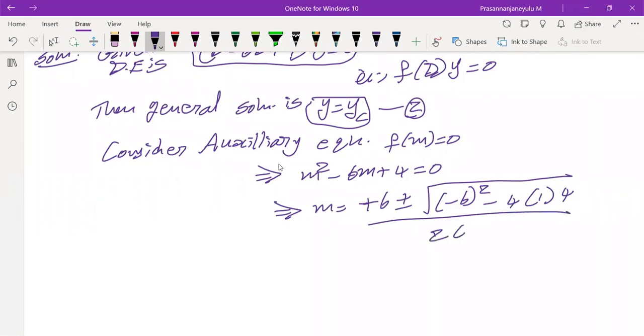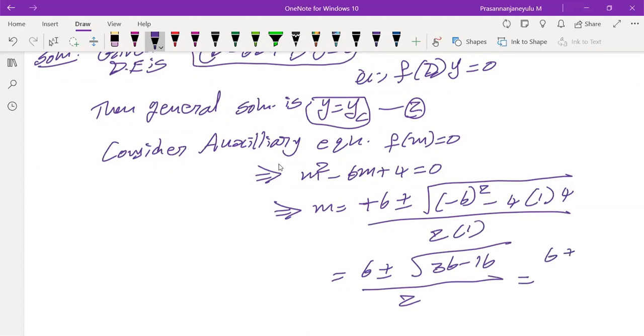So we get 6 plus or minus root of 36 minus 16 by 2, that is 6 plus or minus root 20 by 2.